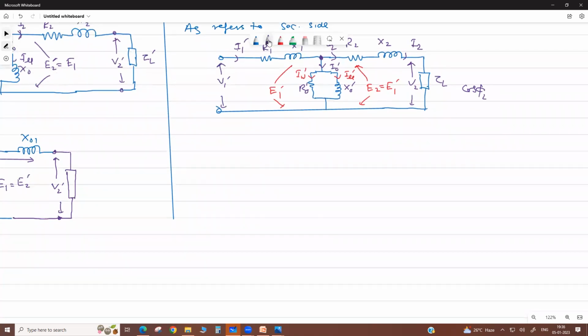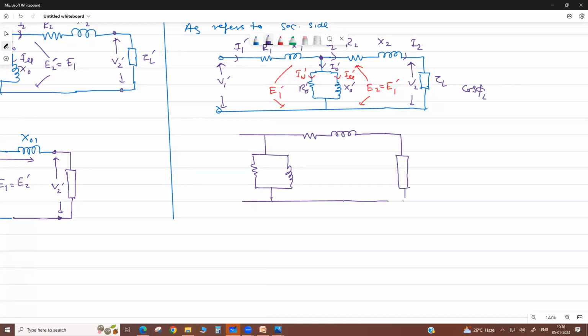Now, if we again shift this magnetizing branch to the supply side, this is your V1', because it is on this side.